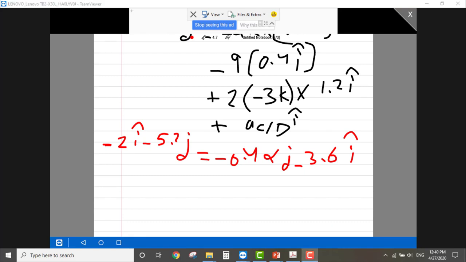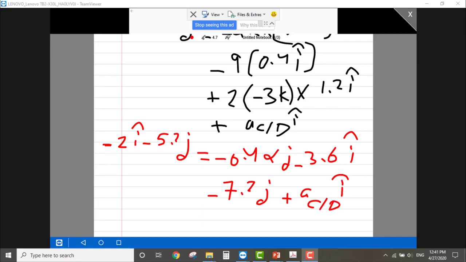Now 2 multiplied by 3, this is minus 6, K cross product I is positive J, so this is minus 7.2 in the J direction, plus AC with respect to D in the I direction.